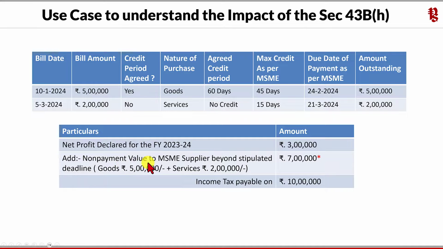So non-payment of MSME supply beyond the stipulated deadline: goods worth 5 lakhs and services worth 2 lakh. The total amount added back is going to be 7 lakh. Now the company has to pay income tax on 10 lakhs. This amount of 7 lakhs, on payment to the MSME, can be claimed as an expense in the subsequent financial year 24-25.